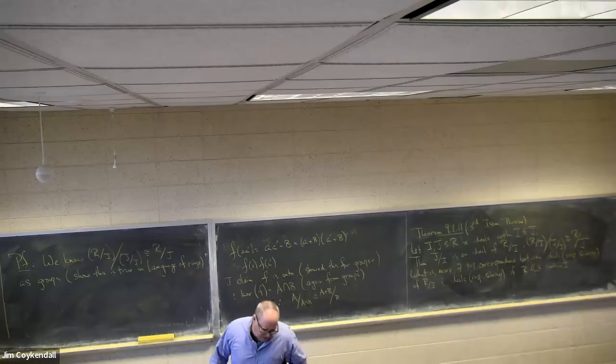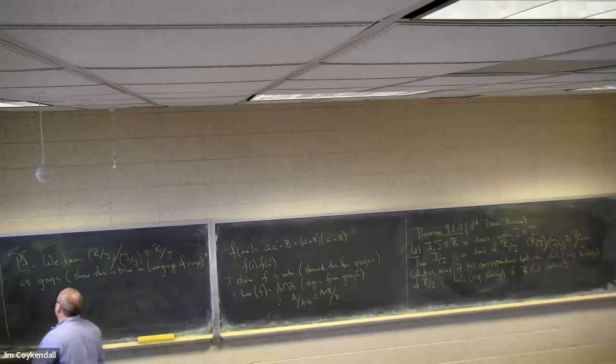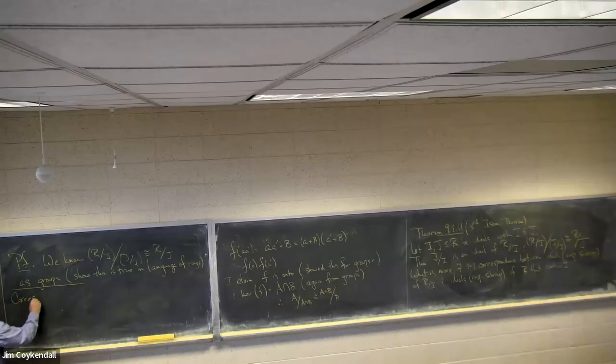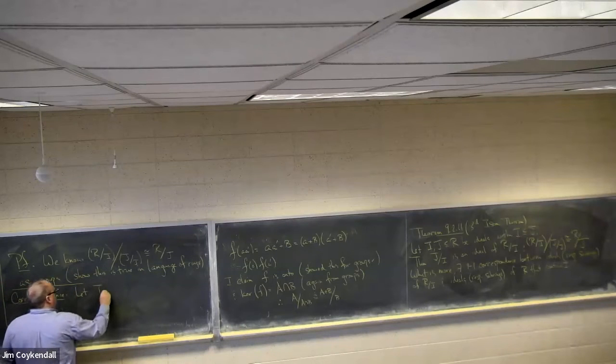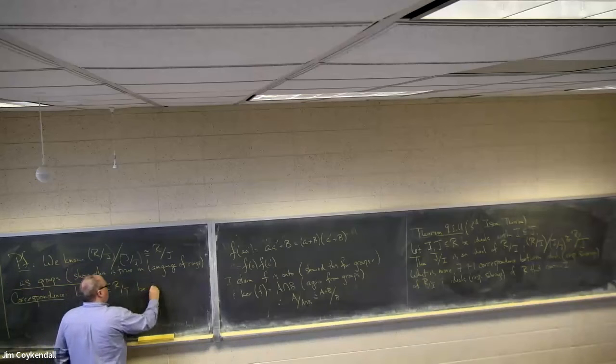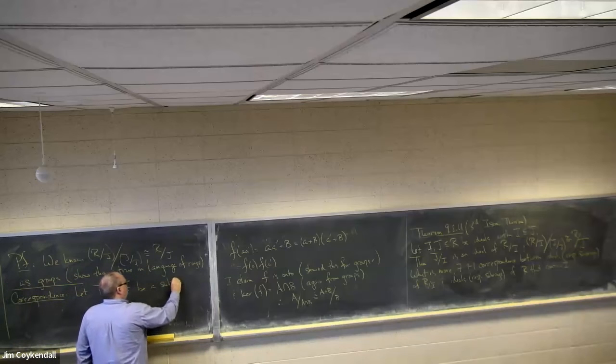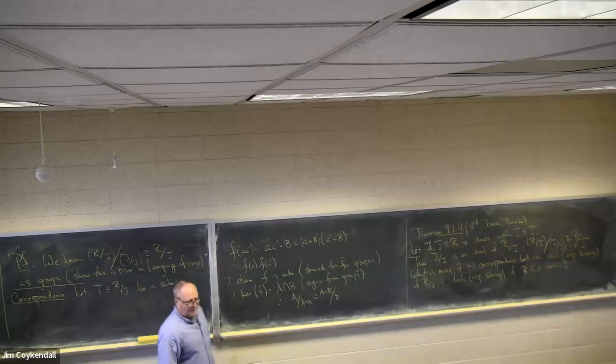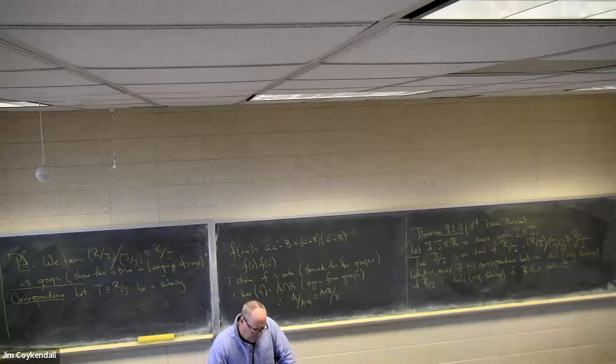So let T be a subring of R mod I. First and foremost, this means that T is a subgroup, right?